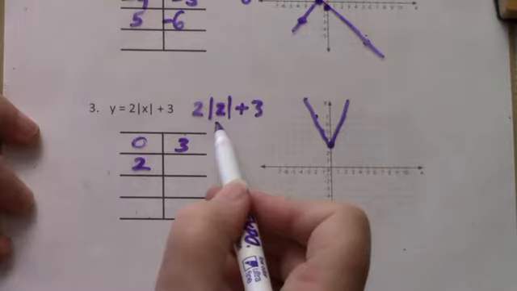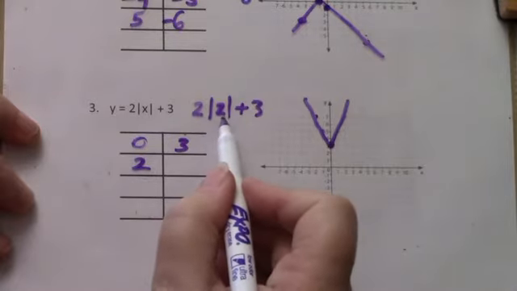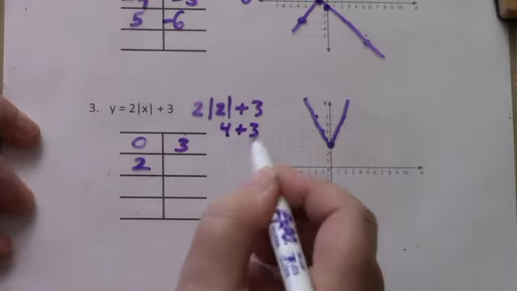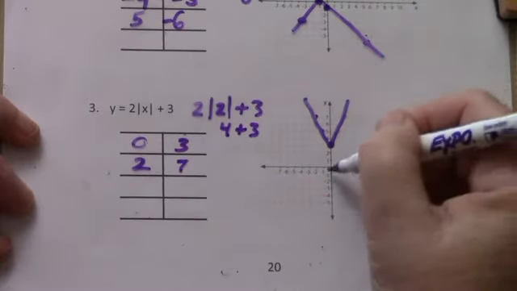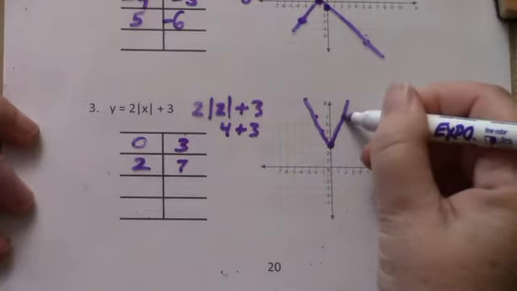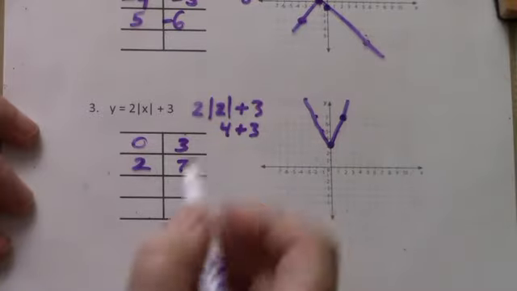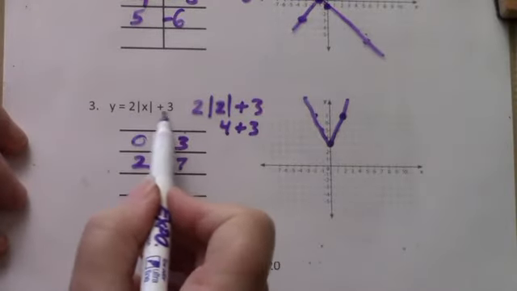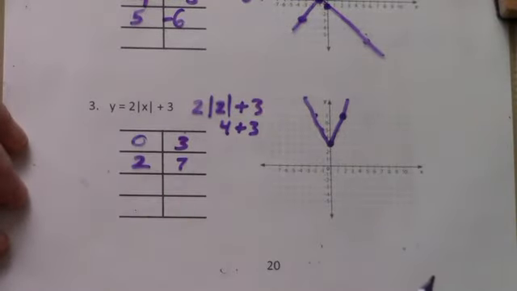So I'm going to substitute that in. Absolute value of 2 is 2. 2 times 2 is 4. 4 plus 3 is 7. So here we go. 2. And let's follow that up to 7. Voila. Right there. You can see how that point, I didn't have to do any math. I just had to interpret the formula and apply it to the graph.